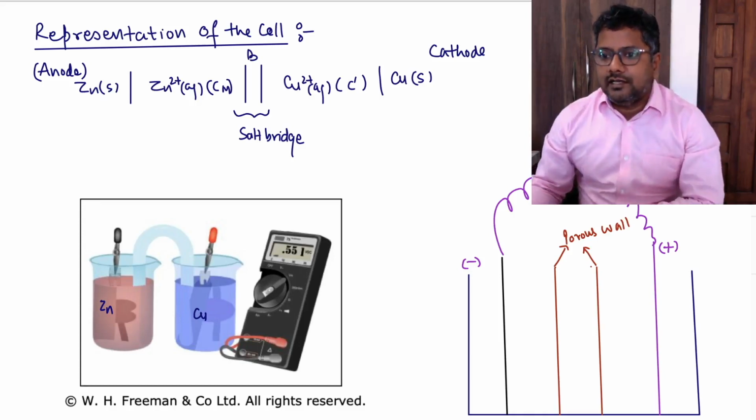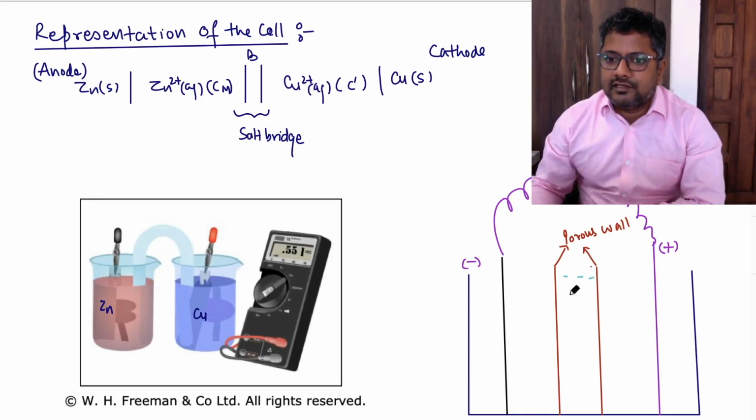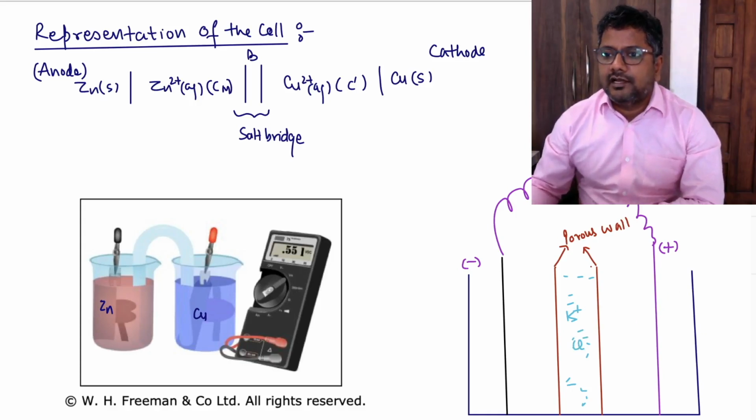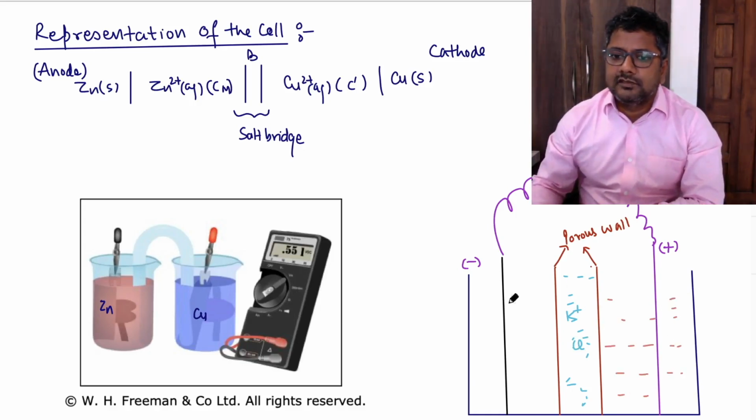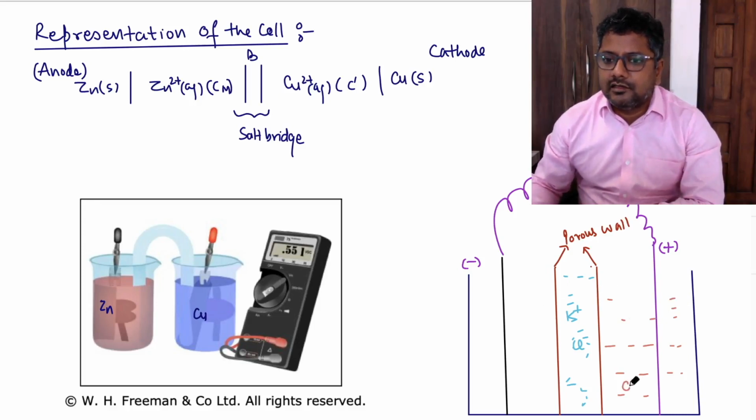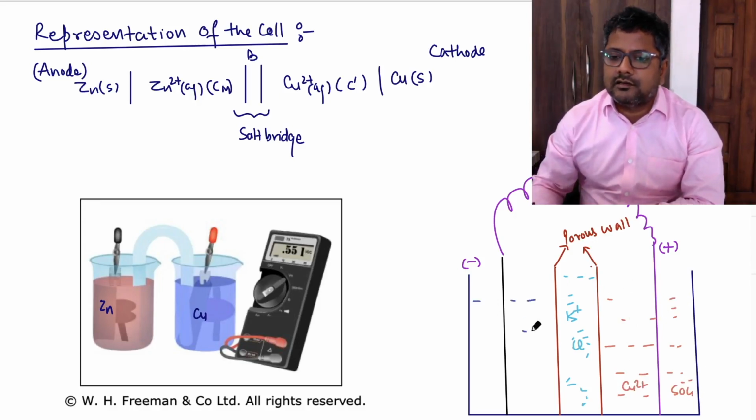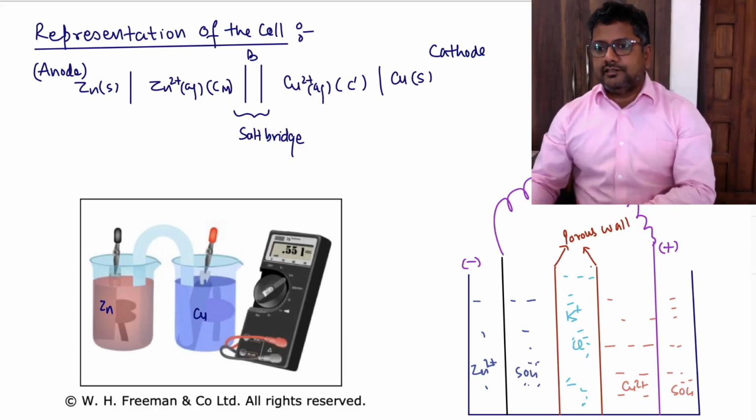right? And here you can take KCl solution, K+ and Cl-, right? And here you can take copper sulfate, Cu2+, SO4 2-, and here you can take zinc sulfate, Zn2+, SO4 2-.